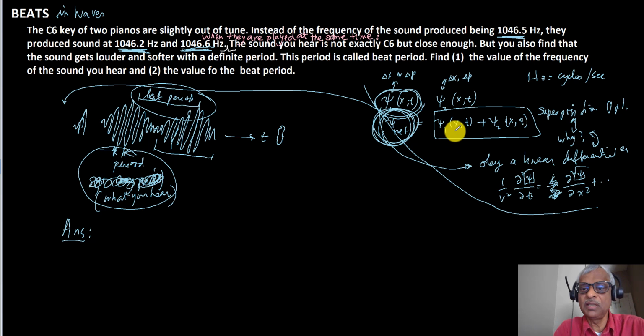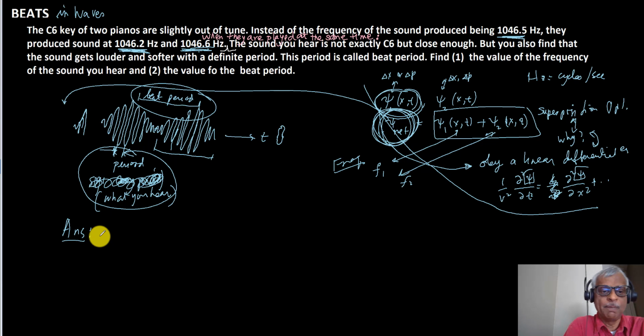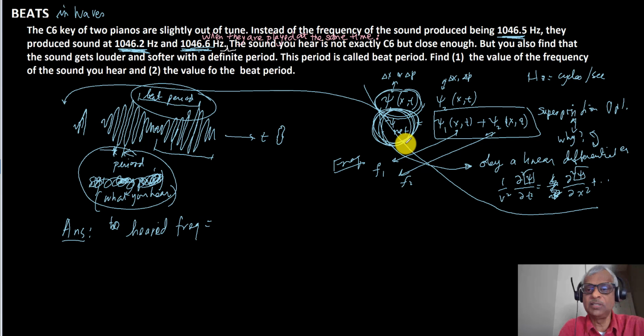If this one has a frequency f1 and this one has frequency f2, then the heard frequency, the frequency of this carrier wave, is actually the average of the two, f1 plus f2 over 2.